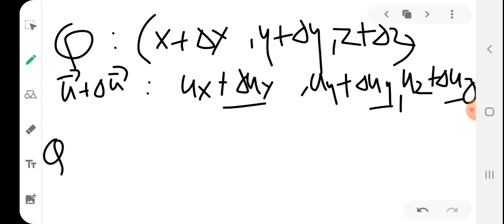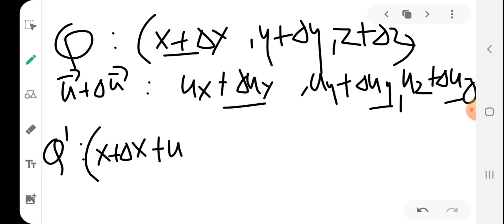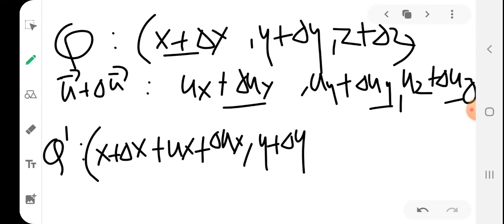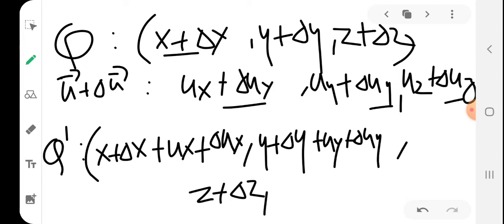Now we can write the position of q dash. You add these terms: x plus delta x plus ux plus delta ux, y plus delta y plus uy plus delta uy, and z plus delta z plus uz plus delta uz.